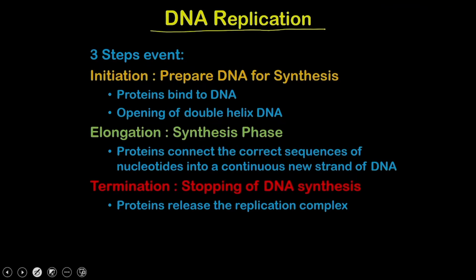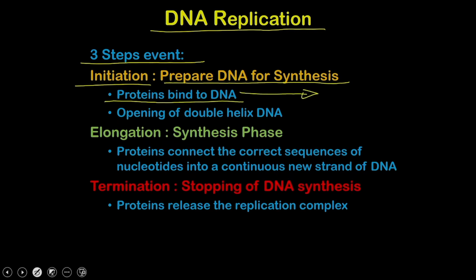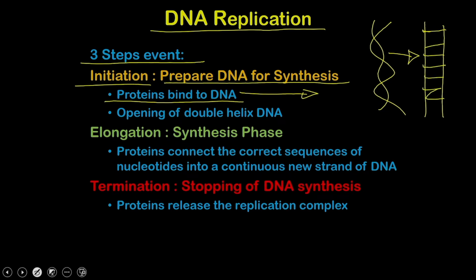DNA replication has 3 steps. It has initiation. In the initiation, the DNA is prepared for the synthesis. In the initiation step the protein will bind to the DNA. You know the DNA is a double helical structure, so this double helical structure first has to be straightened. You first have to remove the helicity of this particular DNA, and then break the two strands apart, so that it is ready for accepting the synthesis machinery.